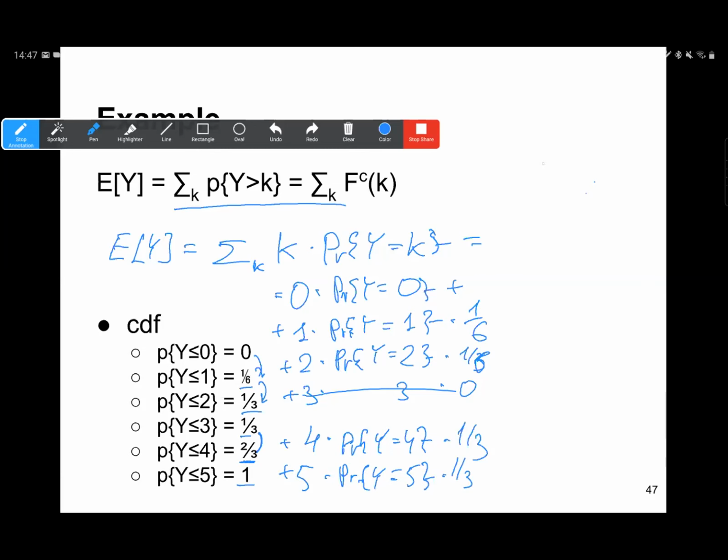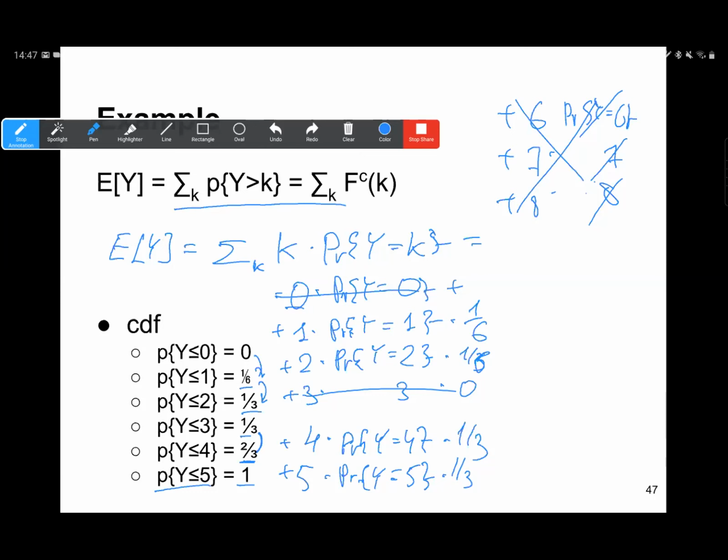And so on. In principle, we can go up to 6, 7, 8 and so on, multiplied by the probability that this random variable is equal to them. But we know that all these things are equal to 0 because this random variable is at most 5. So we shouldn't take these into account. And this is 0 because this is 0.